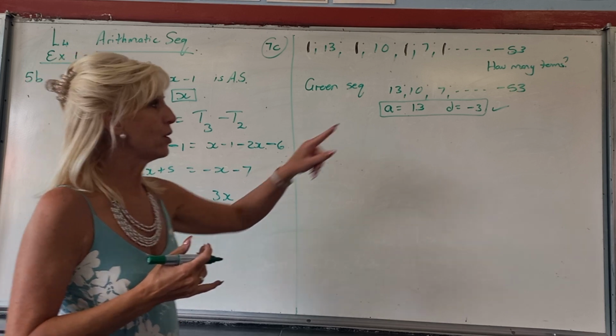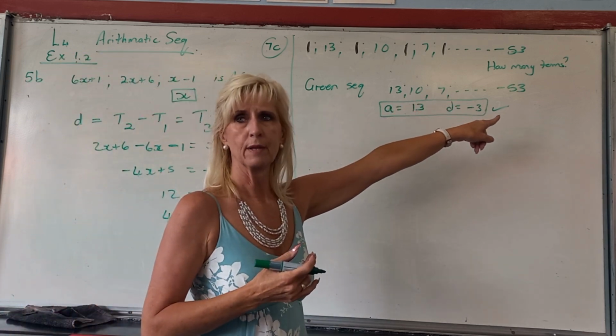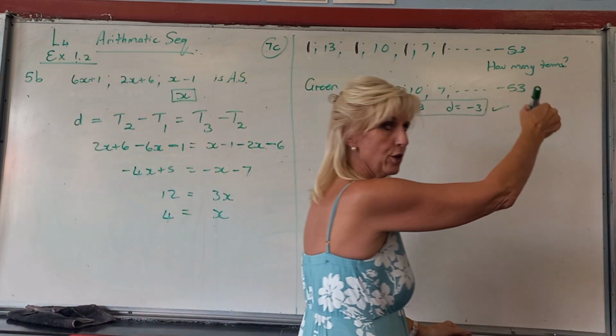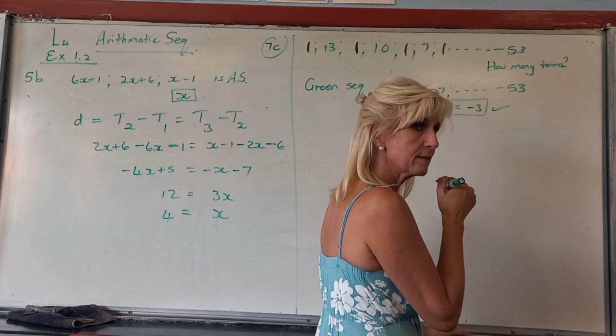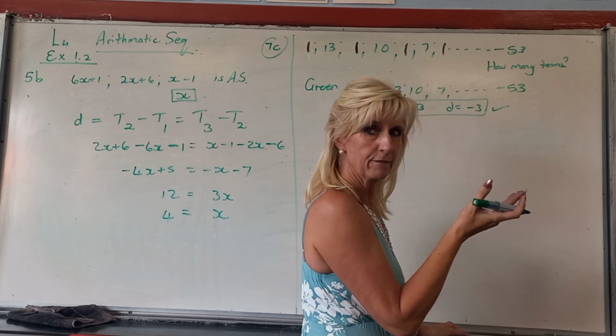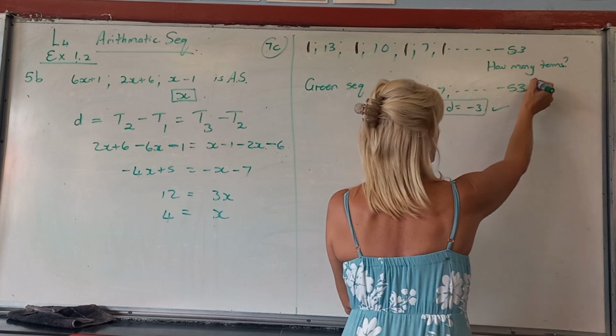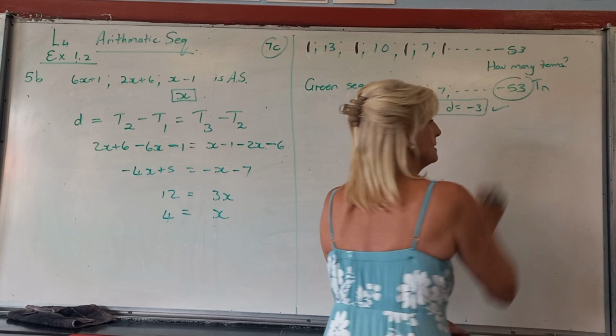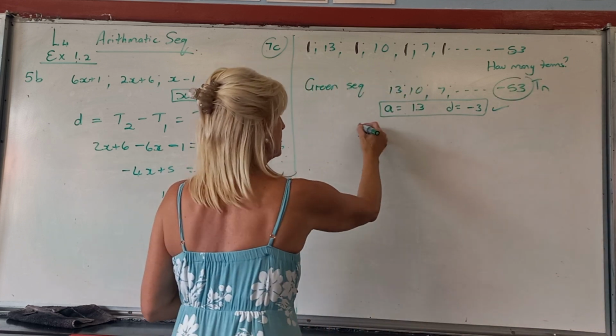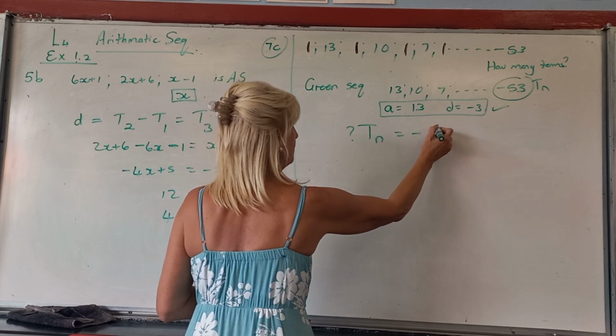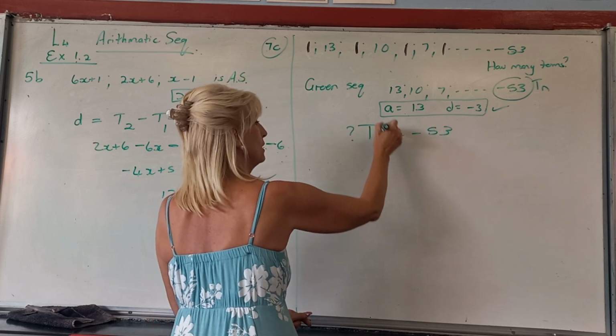So how will I know how many terms there are? I need to know which term is negative 53. So I'm asking which term is negative 53. What formula do I need?